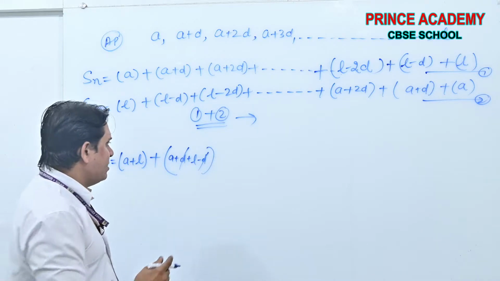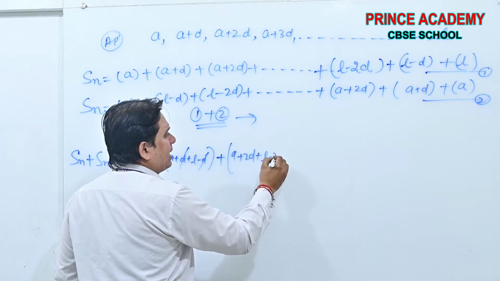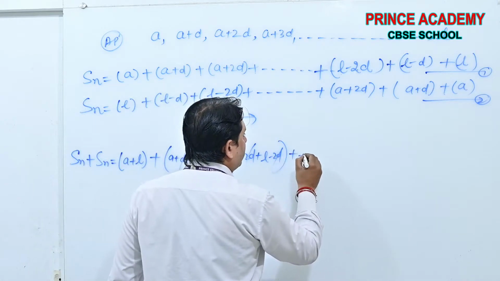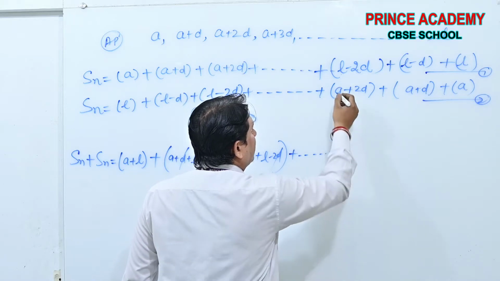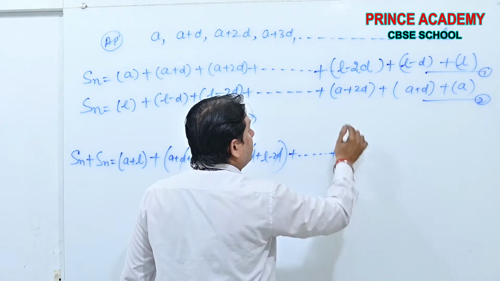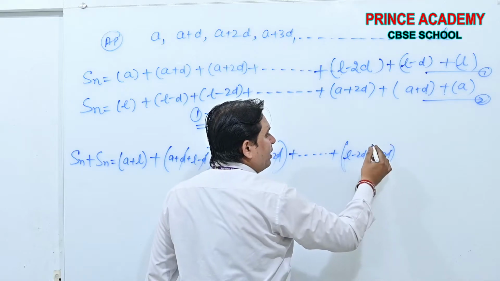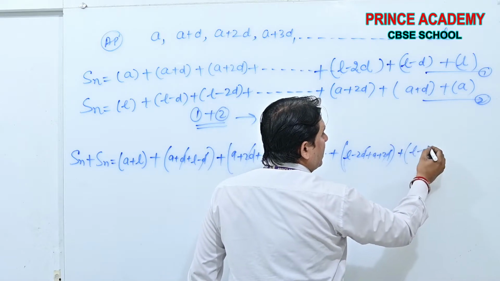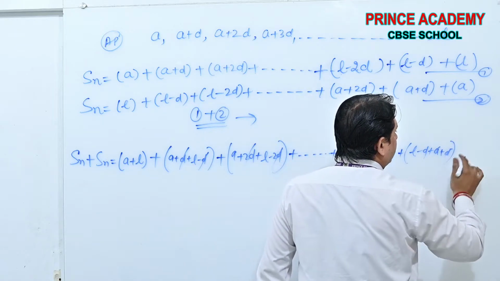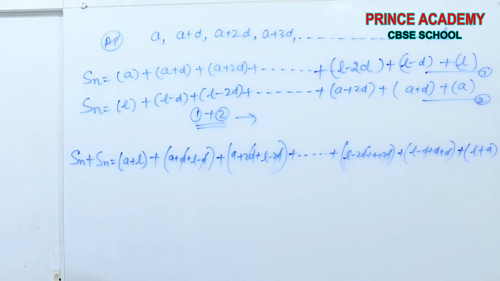Yes or no? Done. Same way beta. A plus 2D, L minus 2D, D will cancel. Okay, in the same way move further. If you add these, L plus A or A plus L are the same thing. See, L minus 2D, A plus 2D. 2D will cancel. L minus D, A plus D. D will be cancelled. Then L plus A. Okay, done.